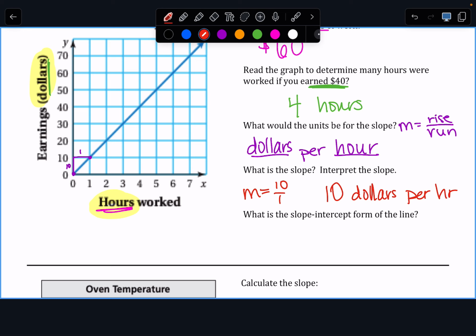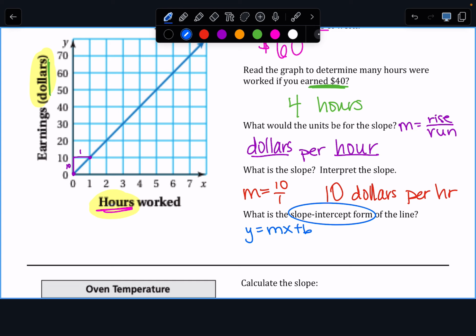Now, anytime you see the words slope-intercept form, what am I asking you for? I'm asking you for y equals mx plus b. Do we know m?